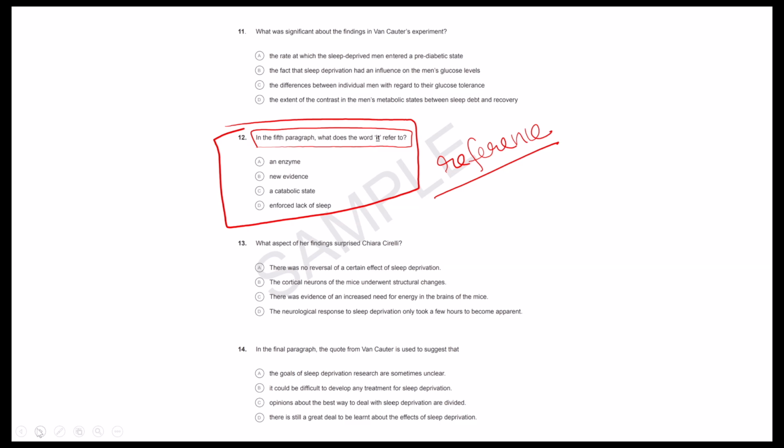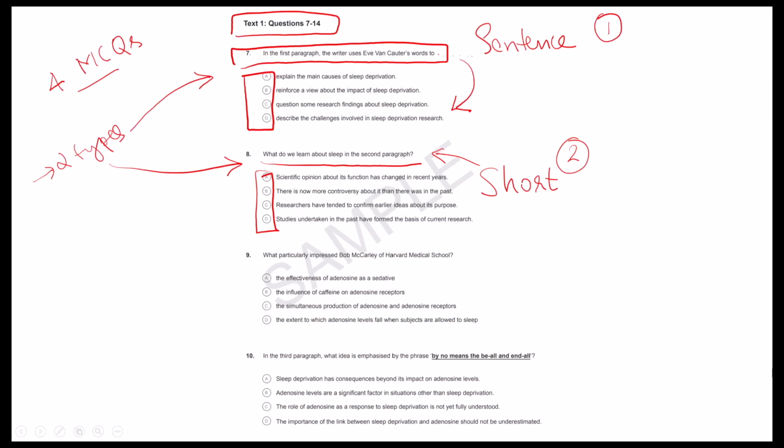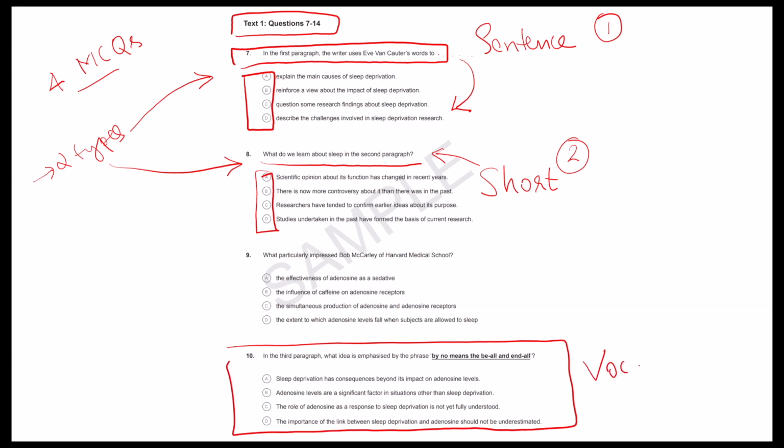And the other possibility is we always have a vocabulary related question. Like you can see for question number 10, it says, in the 3rd paragraph, what idea is emphasized by the phrase, by no means the be all and end all? So these are the types of questions.